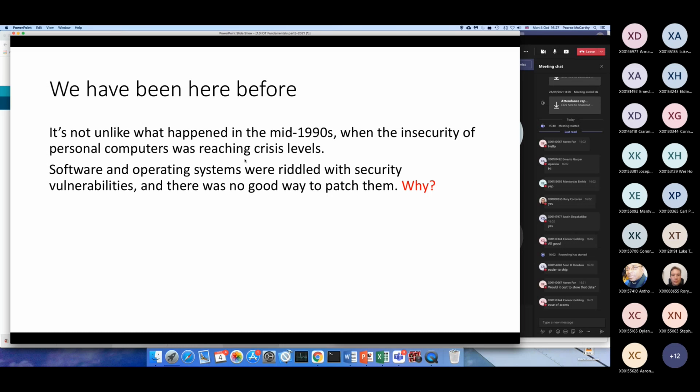In the mid-90s, why was there no good way to patch Microsoft Windows 95, 3.1, 98? Why was there no good way to patch those? Any ideas? You take it for granted now that your computer or your phone or your iPad or whatever updates. Yeah, you couldn't.